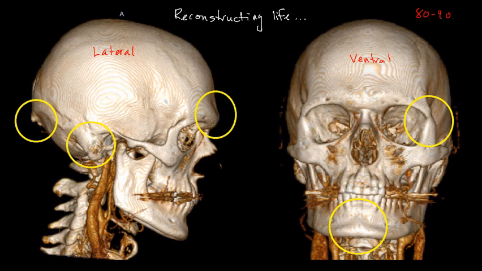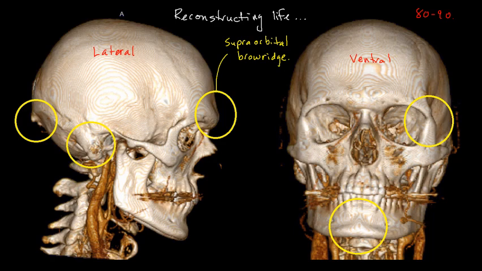I'm looking at a few areas, and I'll use yellow as well. So the first area that I'm taking a look at here is the supraorbital brow ridge.